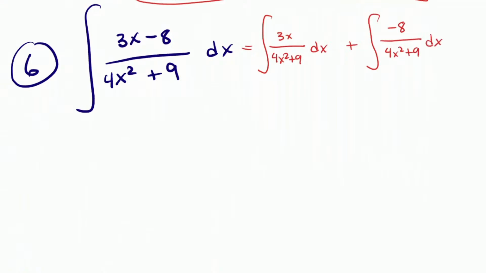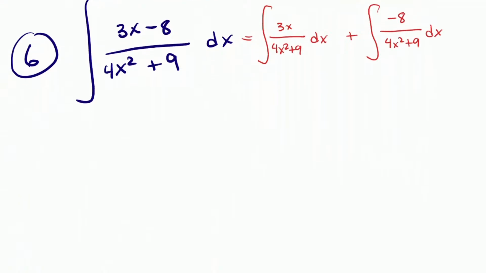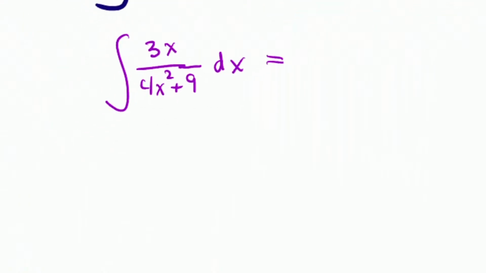So I want to treat these separately because both of them are going to involve a substitution of some sort, but they're going to be different substitutions. So to make it a little bit easier on ourselves, let's do this and do that one first, and then after we do that, we'll deal with the other one. So let's just focus on that one.